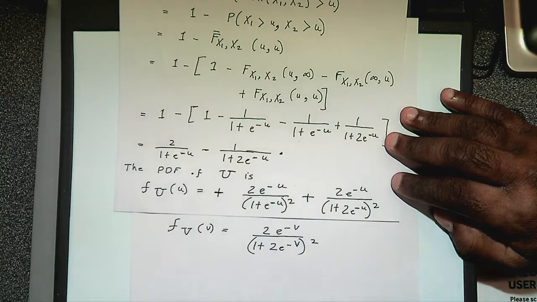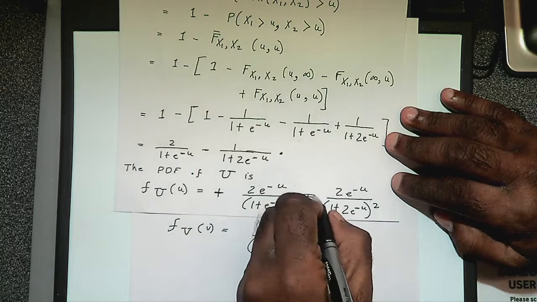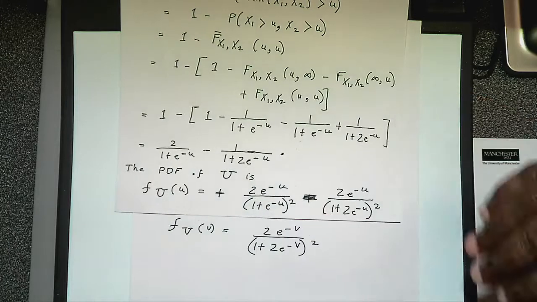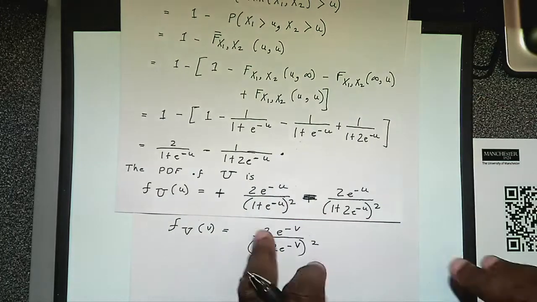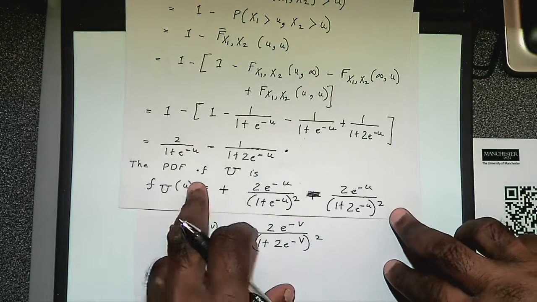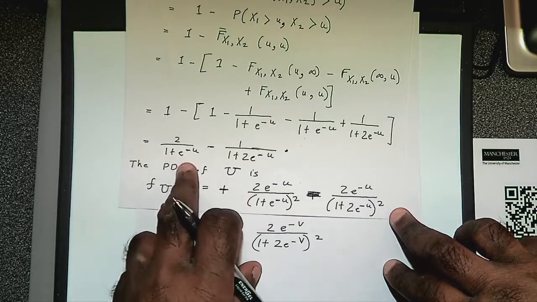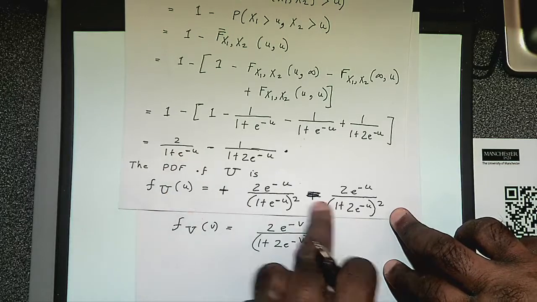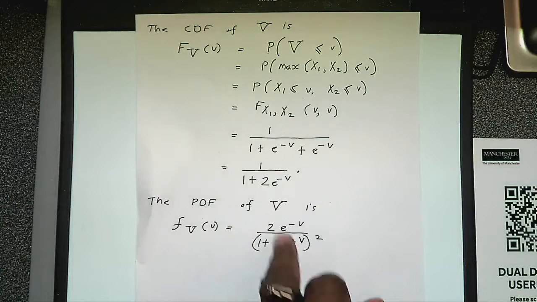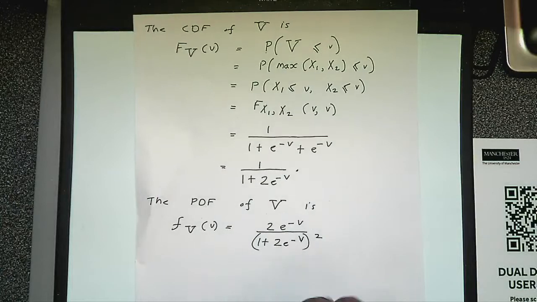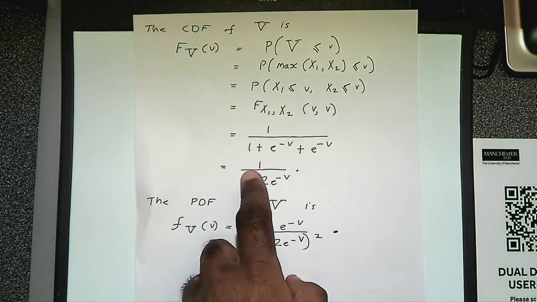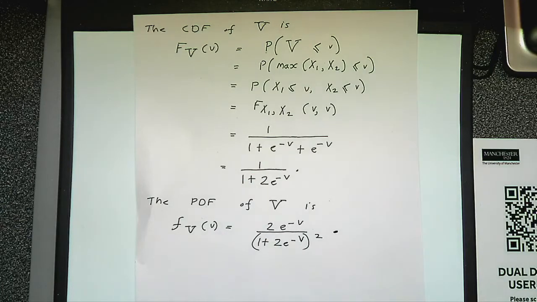And here, this should be minus. Sorry about this. If you differentiate this with respect to U, you should get plus and minus here. And for this, the derivative of this, I think is correct. Yeah, I think it's correct.